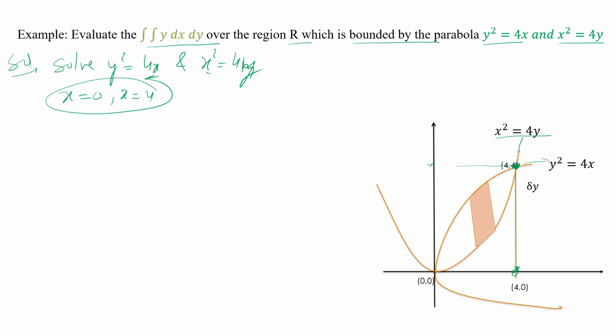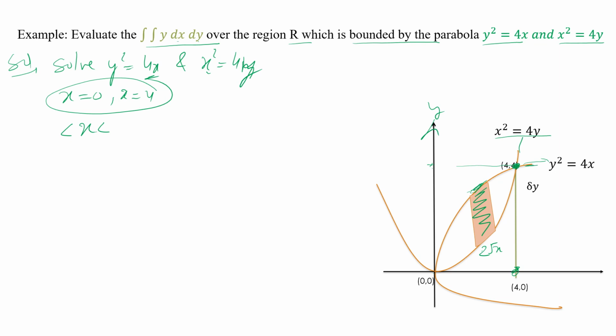So here x varies, if we are taking the strip along the y-axis. So y varies, that equation, that is 2 root x and up to the equation of this.